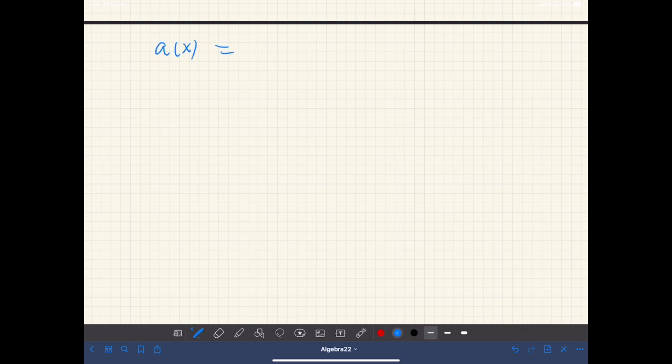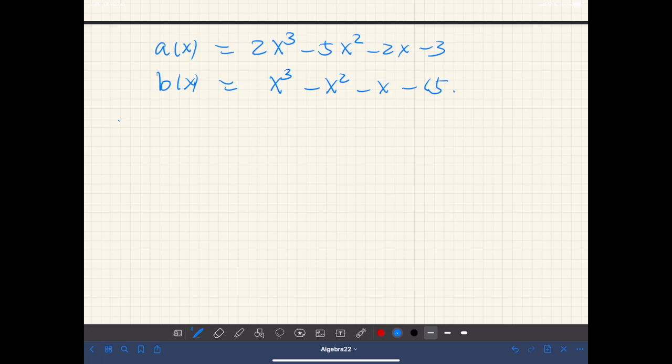Suppose we have two polynomials, a of x, that's 2x cubed minus 5x squared minus 2x minus 3, b of x, x cubed minus x squared minus x minus 15. So first divide a by b.